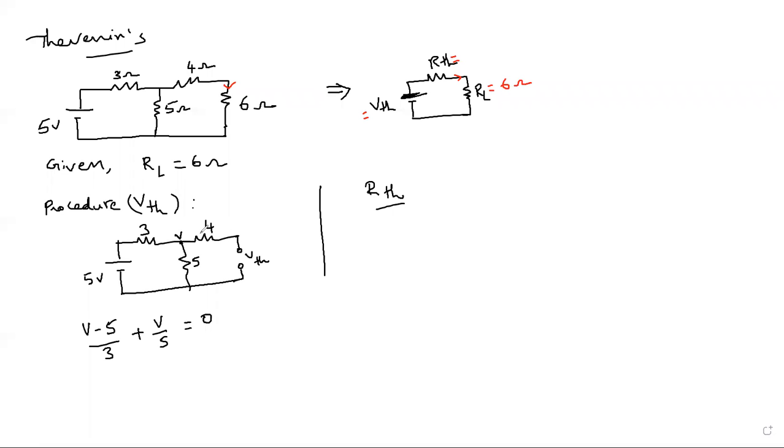There is no flow of current, so for that branch the current value is 0. Now calculate this V, which is nothing but your VTH. How much is VTH? Mostly it will be in fraction.